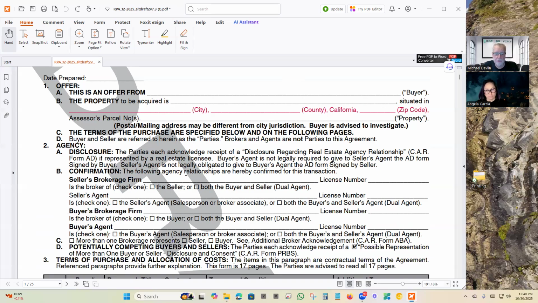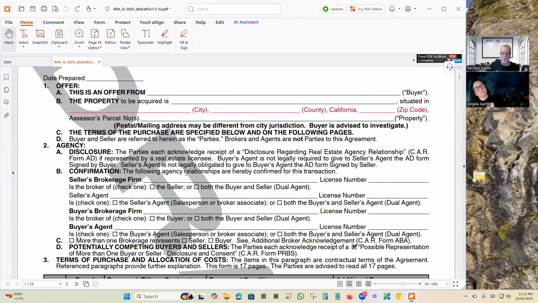All right, agency disclosure. I'm not going to spend a lot of time on this. If you use MLS Connect and Real Connect, which are two programs built into Zip Forms that import information from the MLS or from title records, sometimes it'll bring in all this information, but oftentimes not.